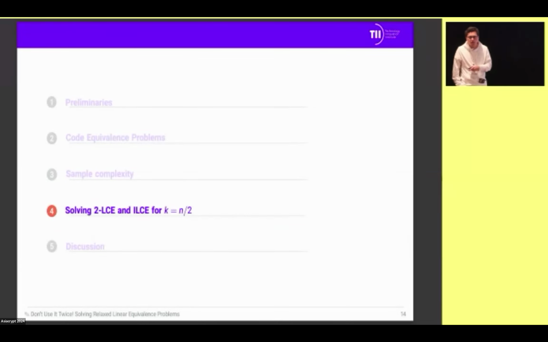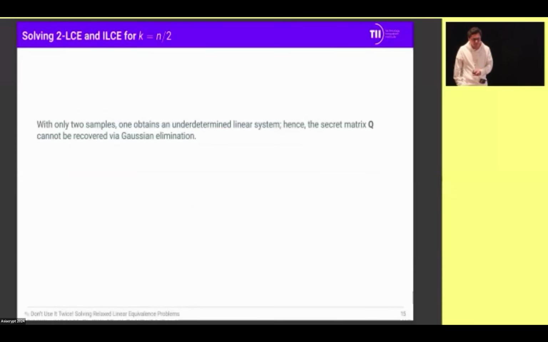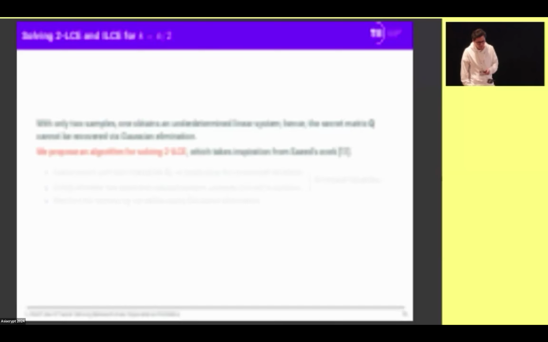Okay, now how do we handle solving with 2 instances? The first observation is that we cannot do anything naively with Gaussian elimination, because we have fewer equations than variables, so it will be an underdetermined linear system.